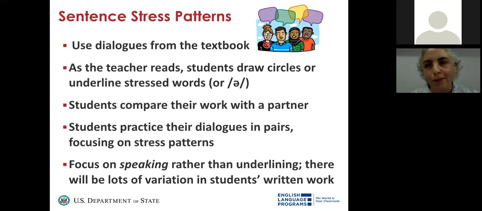When I do this with students, I try to remember that the focus is on their speaking and not on correct underlining, because it's really difficult to hear where the stress is. There's variation and not one correct answer when the students are marking stresses. What's important is when they practice with a partner pronouncing the stresses.